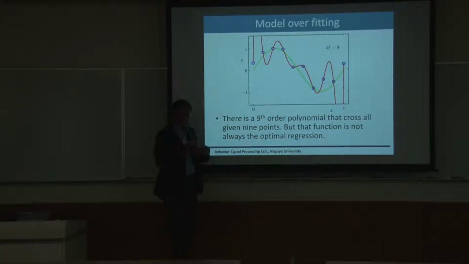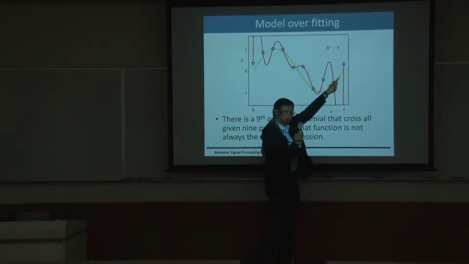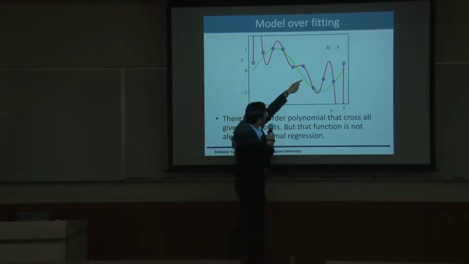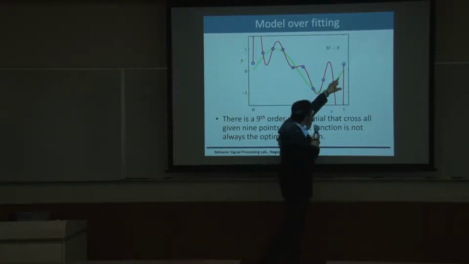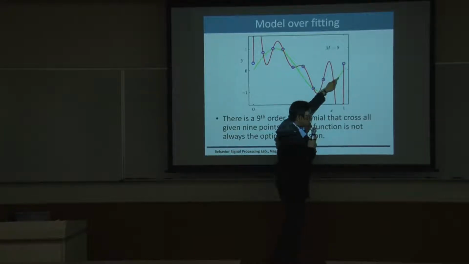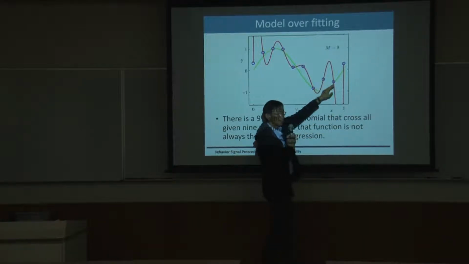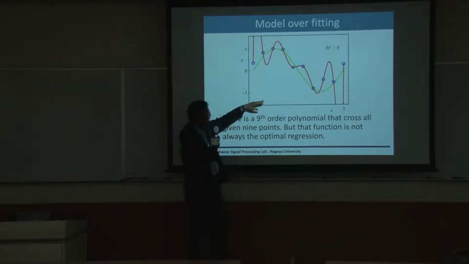I don't think so, because the real function is this smooth curve. If you observe the data around here, you have this; around here, you should have this. So the deviation between the real value and the regression value is huge. This is obviously overtrained to the given data set.